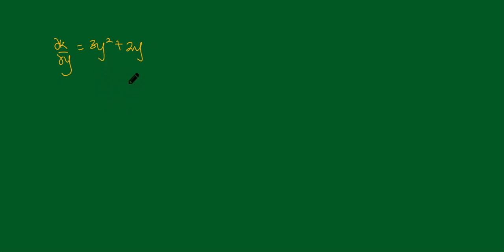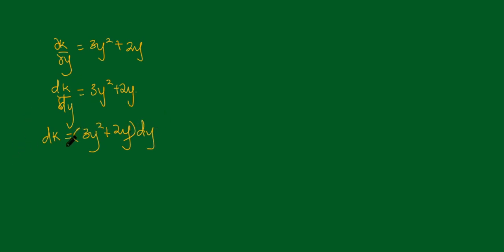So since we only have a function of y on the right hand side, we can rewrite this as dk/dy equal to 3y squared plus 2y. So on cross multiplication, we have dk equal to (3y squared plus 2y) dy.